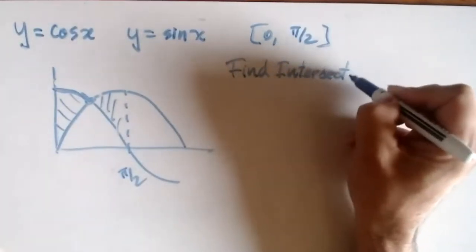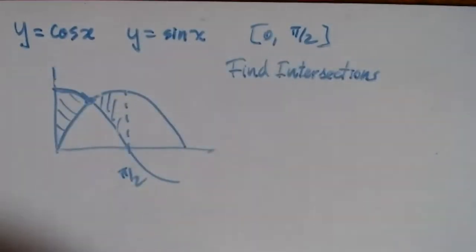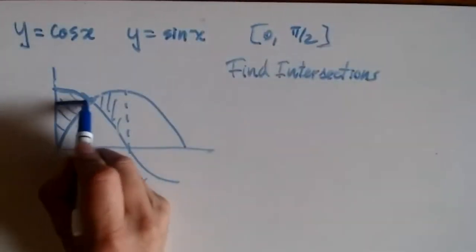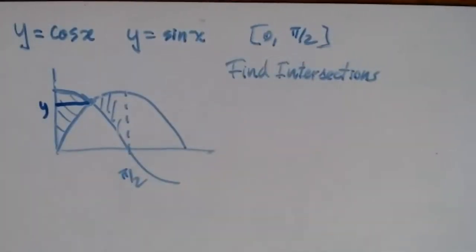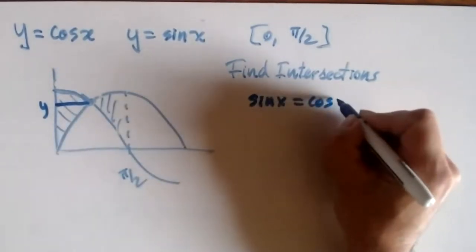So where are the intersections? It's very simple. The intersection happens when the two y's are equal. So you have sine x equals cosine x.